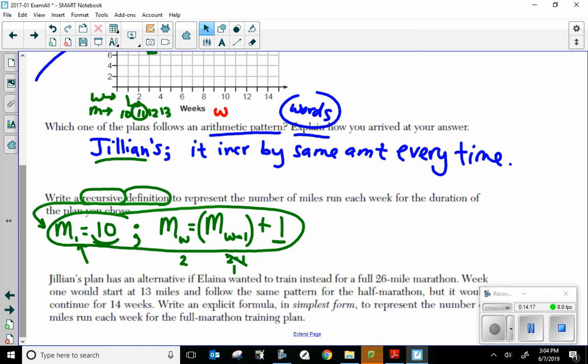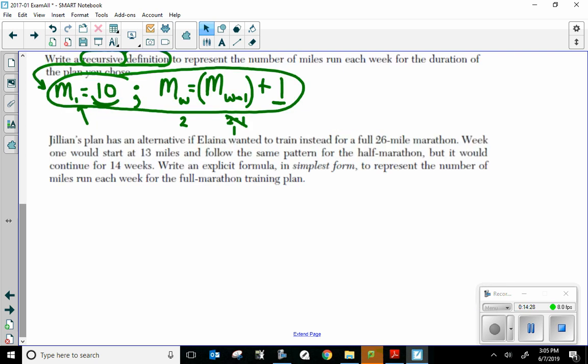The next part. Jillian's plan has an alternative if Elena wanted to train instead for a full 26-mile marathon. Week 1 would start with 13. So this is what I'm going to do. Here's week 1. Here's my miles.